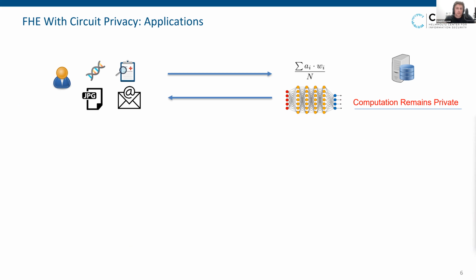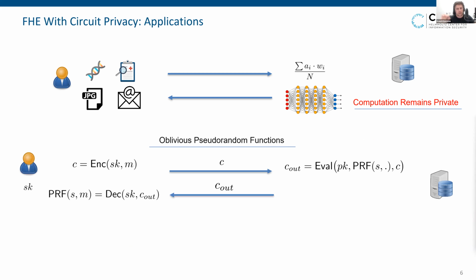So now with circuit privacy, we can run inference on genomic data or medical data, analyze pictures or emails, but without revealing any information on the server's computation. And in cryptography, there are immediate applications, for example oblivious pseudorandom functions, where our server evaluates our PRF on a user message without learning the message.